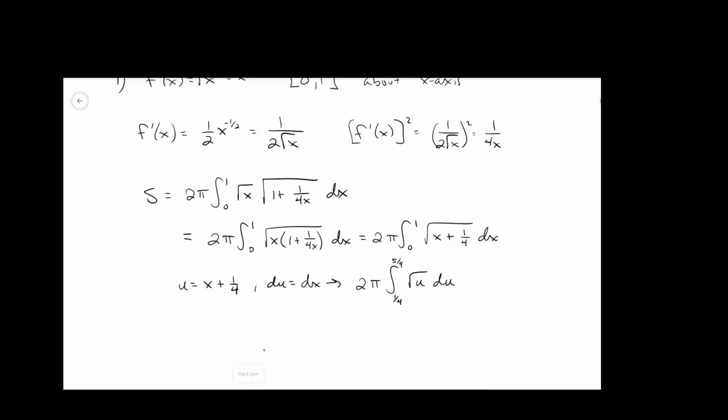All right, so that's the same as u to the 1/2 power. So the antiderivative of u to the 1/2, we have to raise that by 1. We get 3/2. We'll have a 2/3 in front of it, 2/3 u to the 3/2 power. Plug in the 5/4, plug in the 1/4, and subtract.